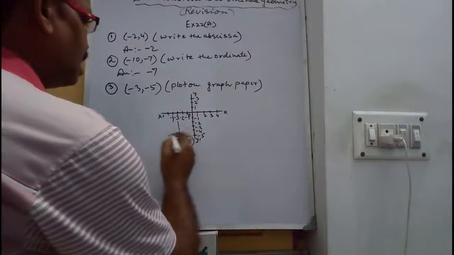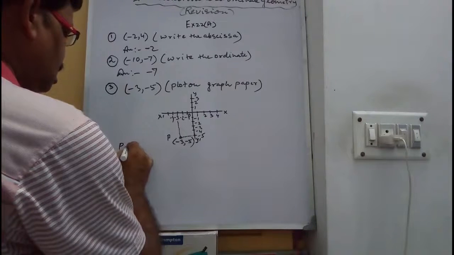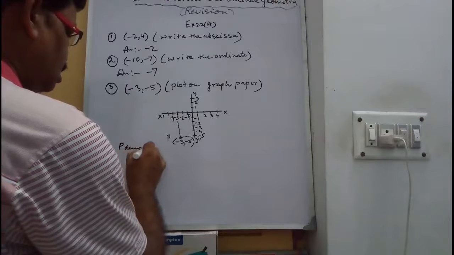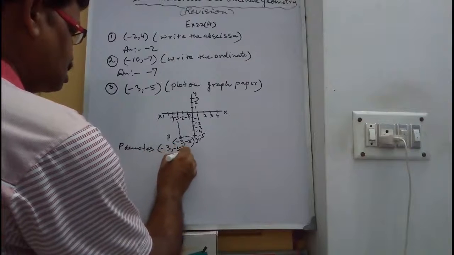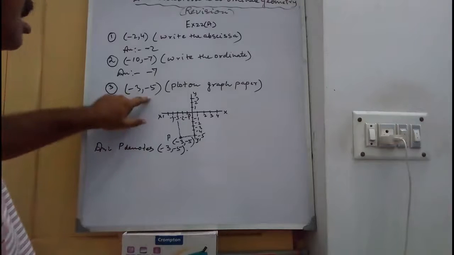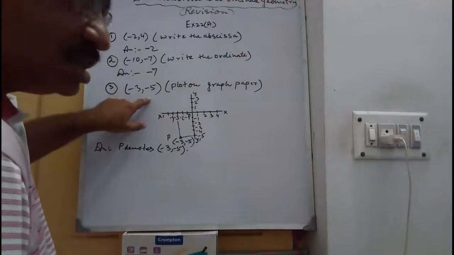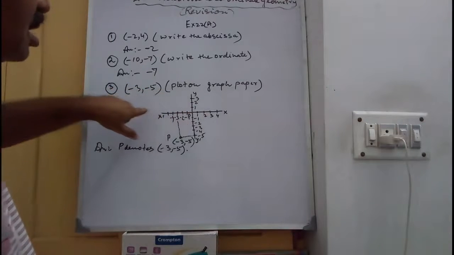Here you can write any alphabet. So P denotes (-3, -5). In this way we write this. In this way, whatever the coordinate is given, plot this one on graph paper.